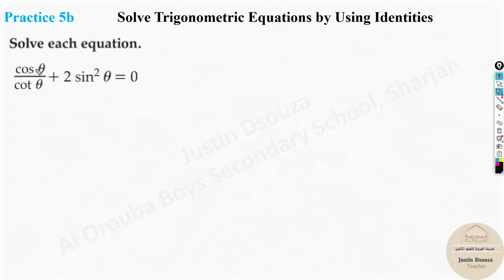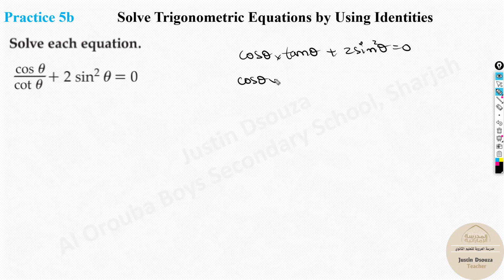Now the last problem of this lesson, let's solve this up quickly. Over here, cos theta divided by cot. So what I'll do is I'll substitute, 1 by cot is tan, right? So instead of 1 by cot, I'll write multiply by tan theta plus 2 sine square theta equals 0.